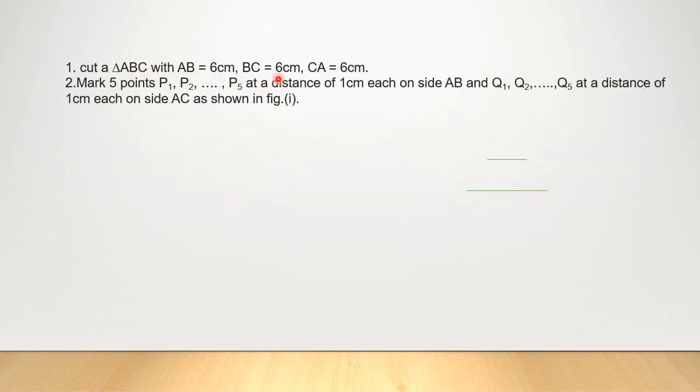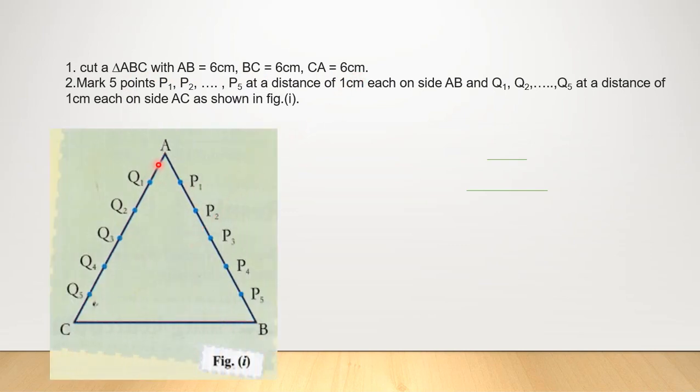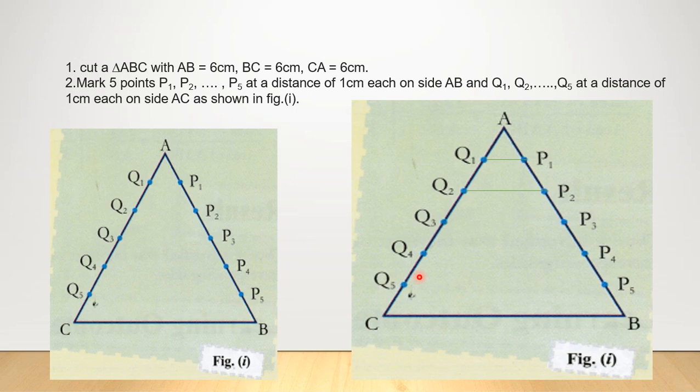So, let's take a triangle ABC, an equilateral triangle of side 6 cm, and make points at 1 cm distance on the sides of the triangle and draw the parallel lines. By joining these points, we get lines parallel to the third side CB.